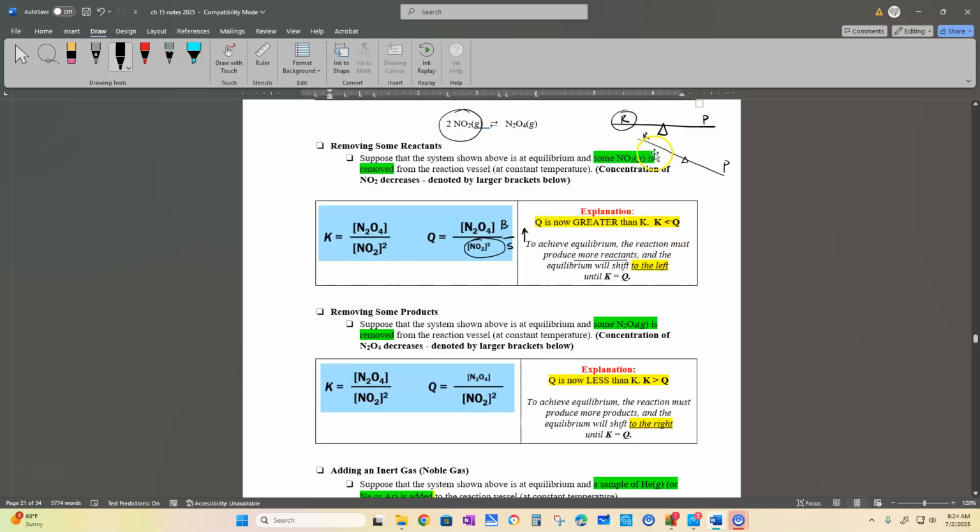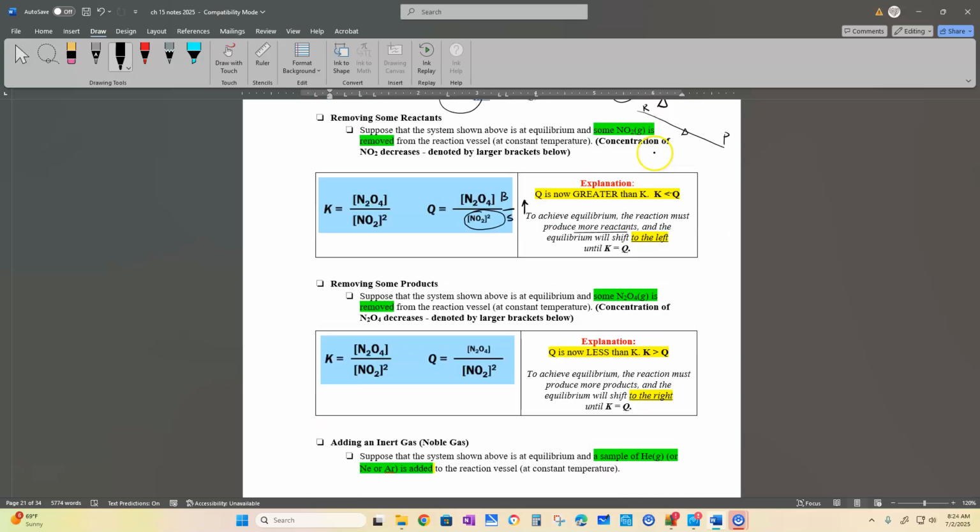Same thing if I remove some products. Oops, my little teeter-totter. If I remove some products, now my products are kind of floating up in the air. So my reactants and products, how do I fix it? Well, I have to lose some reactants, or, as AP likes to say, gain.